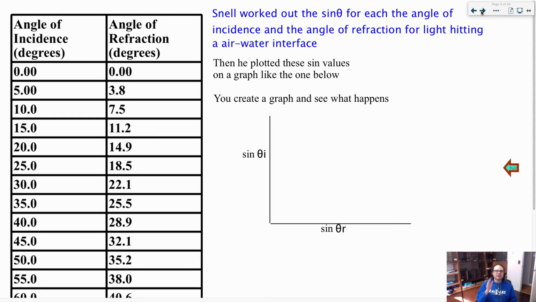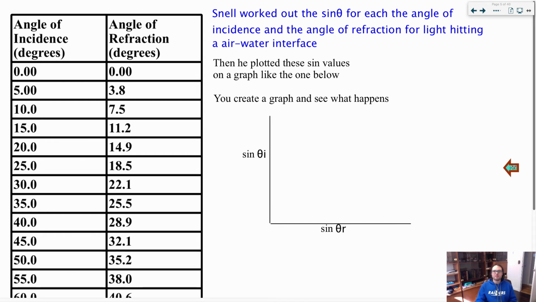He first looked at every incident angle and every refraction angle and saw how it was off. So he was able to measure the angle of incidence and angle of refraction. He first did this with water. Then he took the sine of each angle of incidence and angle of refraction of light going from the air to the water.